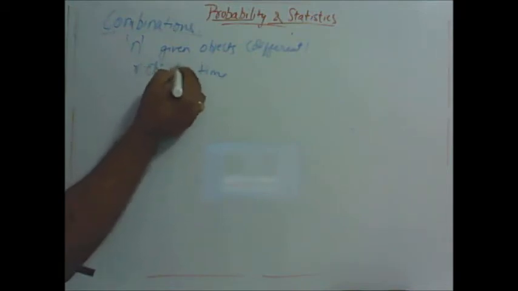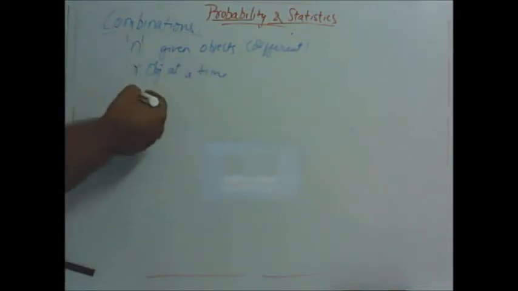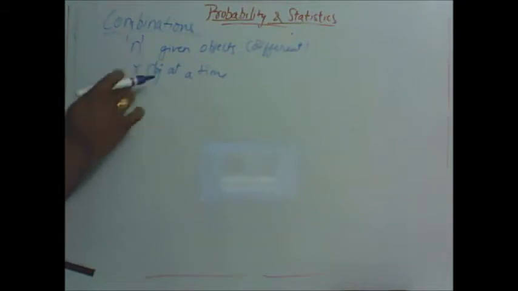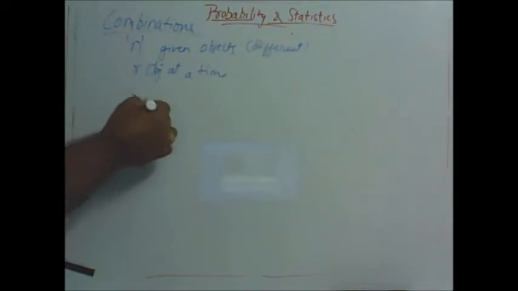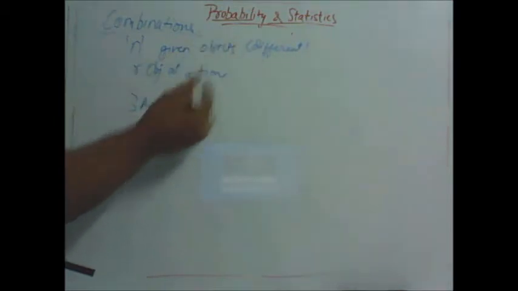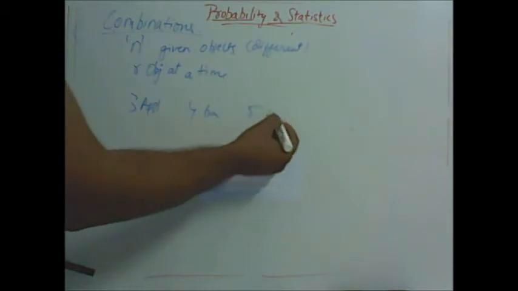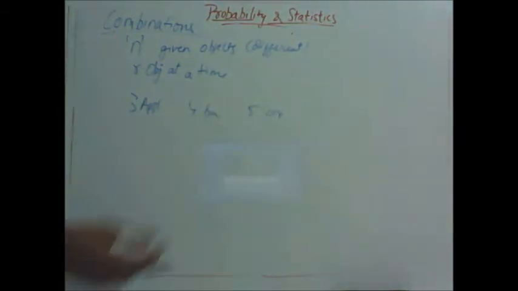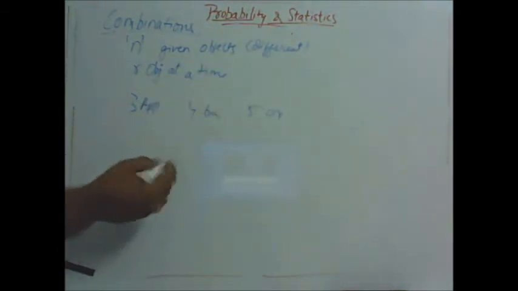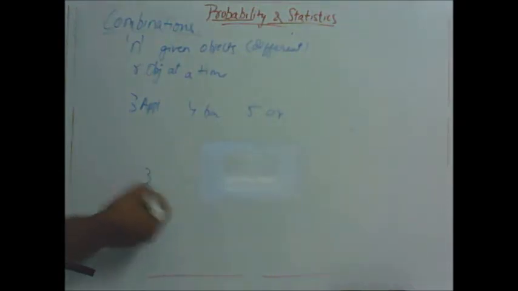So say we are having some 3 apples, 4 bananas, 5 oranges or some set. We want to group them such that we have 3 fruits.